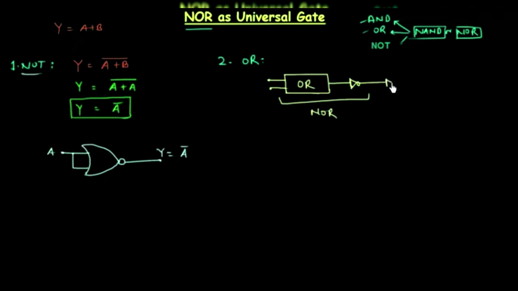So we will again complement the output of NOR gate. This is the output of NOR gate, so we will again complement it to get the OR gate. This is very simple and you can easily implement this.